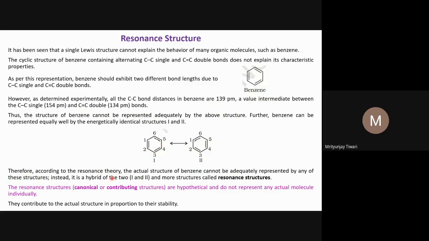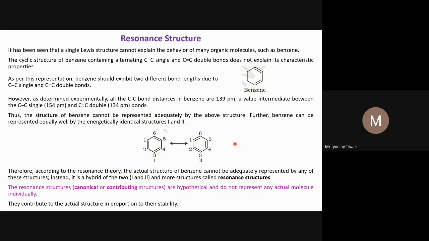Therefore, according to the resonance theory, the actual structure of benzene cannot be adequately represented by any one of these structures. Instead, it is a hybrid of the two, and many more structures, called resonance structures, which is believed to be the actual structure of benzene. The hybrid of all the possible resonance structures of benzene is the real structure of benzene.